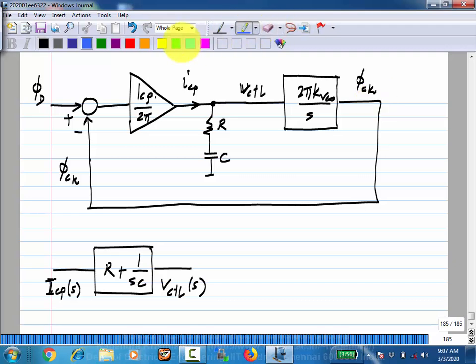So now we started off by saying we will look at the response to a phase increment in the input data phi d, but the same model serves for any other increment that may happen. Okay. What are the other possibilities? First of all, you have the charge pump noise. Okay. And you can have the resistor noise, which could be represented either by a voltage source in series or a current source in parallel.